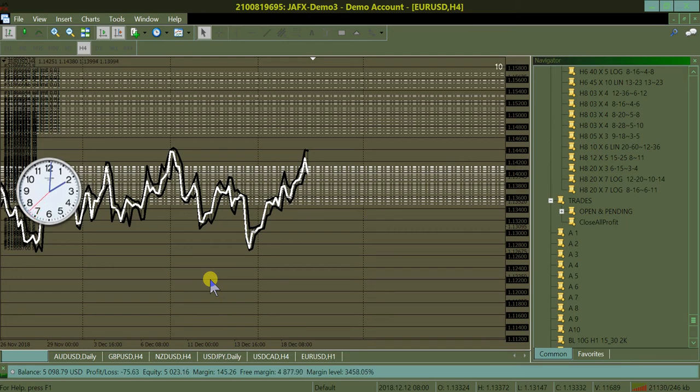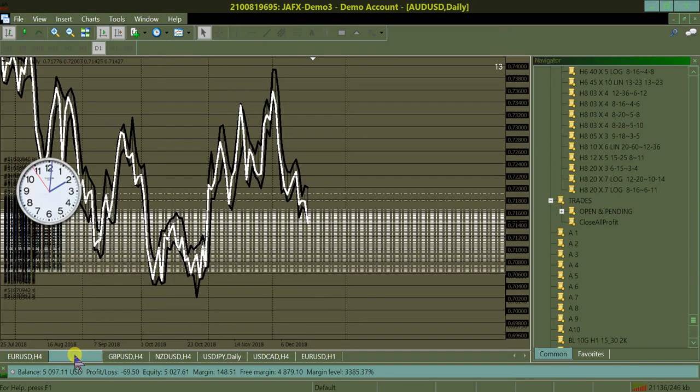Getting filled on buy limits. 20 pips. Now here we go. Smashing back up. Buying Australia.